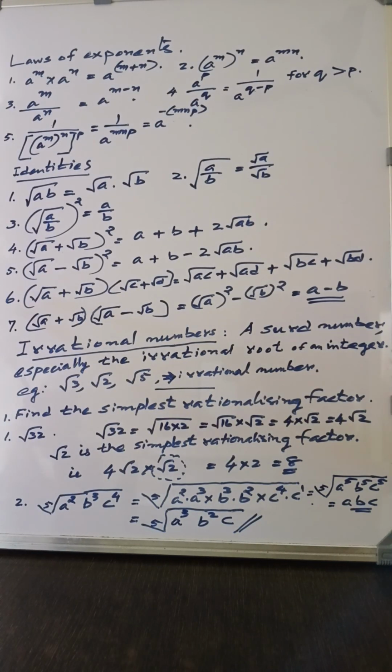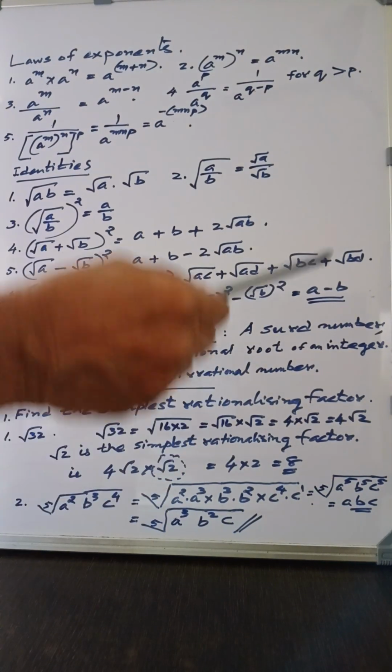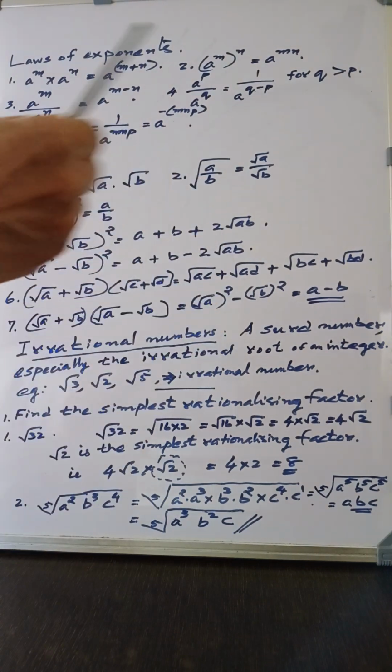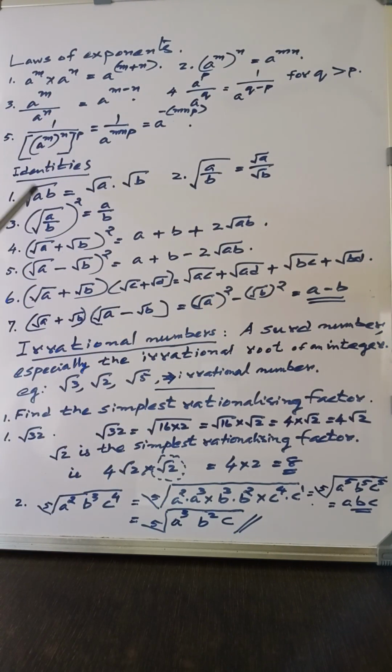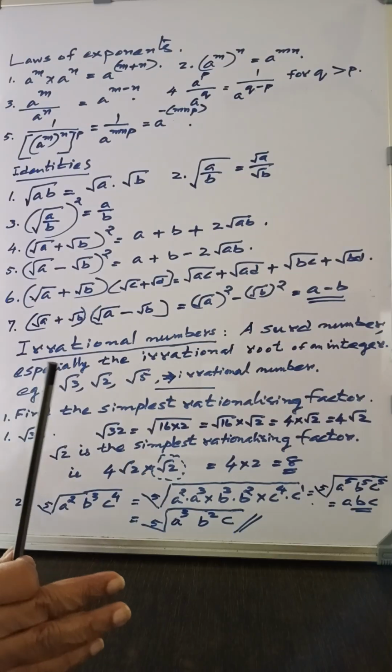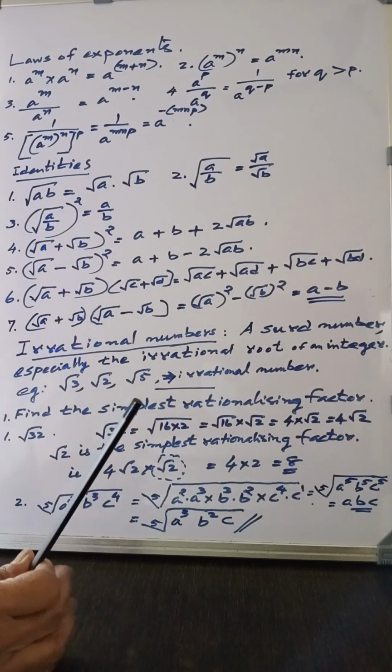Therefore, once more I am recalling these identities. Root AB equals root A into root B, that means A raised to 1 by 2 into B raised to 1 by 2. That's all, no changes there.